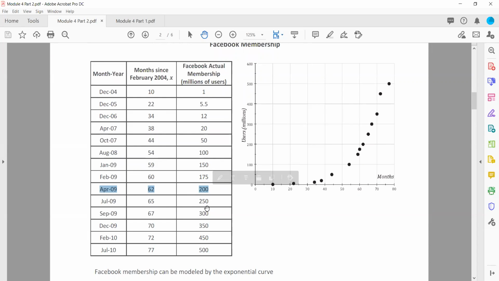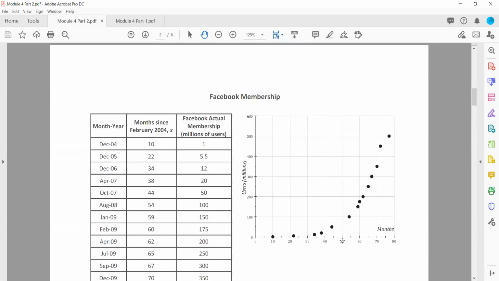After that, the number of users gets larger and larger: 250 million, 300 million, and so on. You can take a look at your graph as well. On our horizontal axis, we have the months. We can take a look at our table to actually get the year.